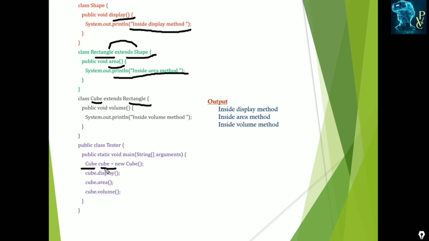But Java is case sensitive. So here capital C and small c are different. So you can use the same names with different letter cases as variable names or identifier names.